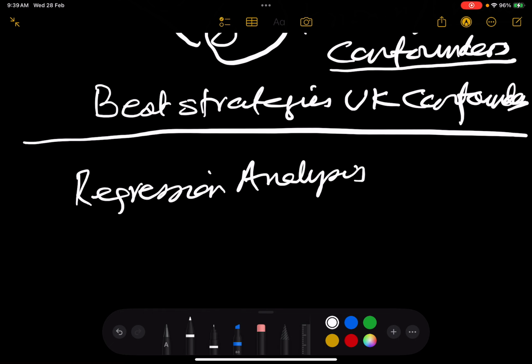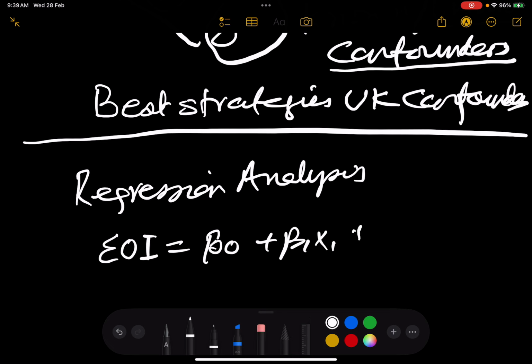And here is the event of interest. That means cured, not cured, good result, bad result, is equal to some number which is beta 0 plus beta 1 x1 plus minus beta 2 x2 plus minus and so on, beta n xn.